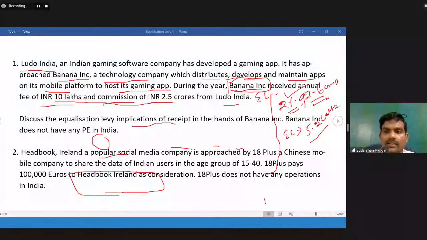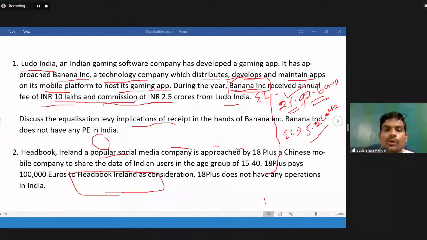We will look at various other situations. I hope you're clear. I will answer some of the questions raised by Sumit. First, let's try to understand the concepts. So any non-resident e-commerce operator providing e-commerce supply or services, facilitating to a resident buyer, and the threshold increases. What is the threshold? 2 crores.